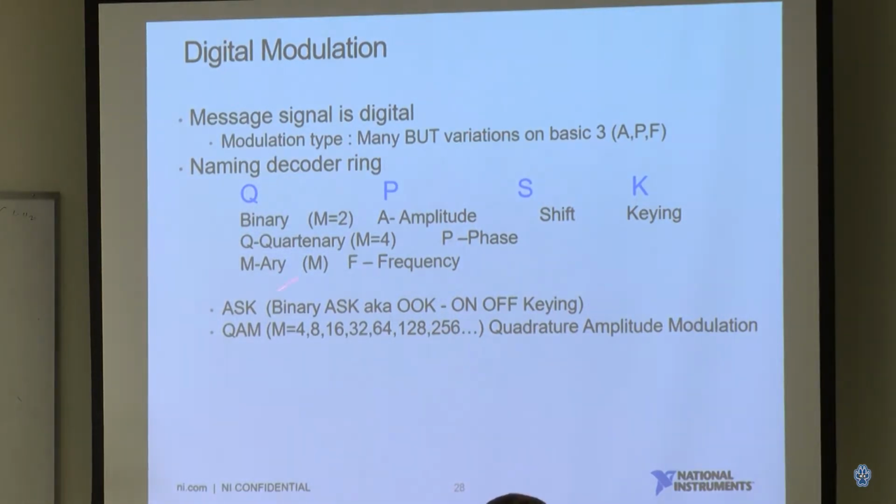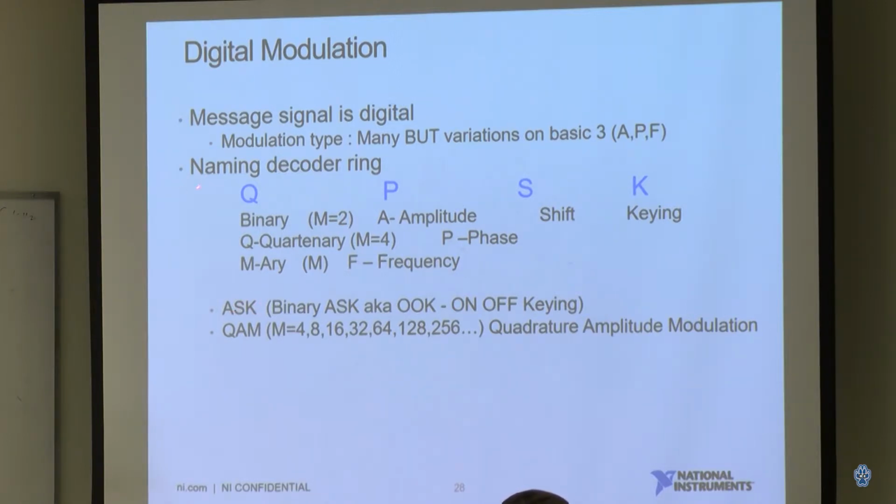In digital modulation there are many different types, but they have a particular naming decoder ring. Q means quaternary, meaning M equals 4, and binary means M equals 2. A means amplitude, S means shift, and K is keying. So ASK means amplitude shift keying.